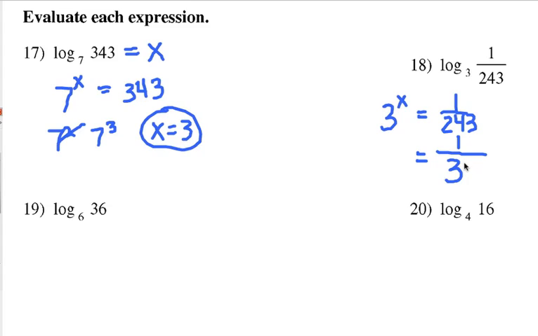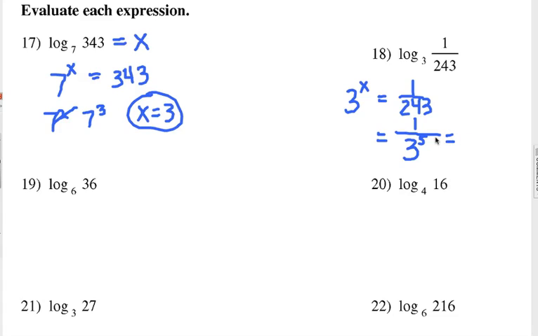Well, let's see, 3 to the third, that'd be 3 times 3 times 3, that'd be 27. And then let's do 27 times 3, so 3 to the fourth. No, that's not quite right. How about 3 to the fifth? Yeah, if you check that on your calculator, 3 times 3 times 3 times 3 times 3 is 243.